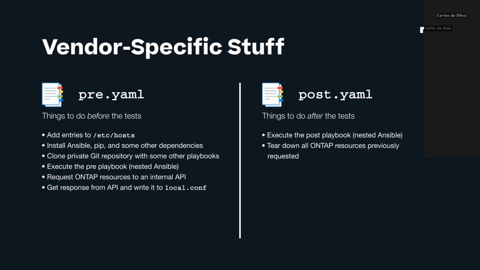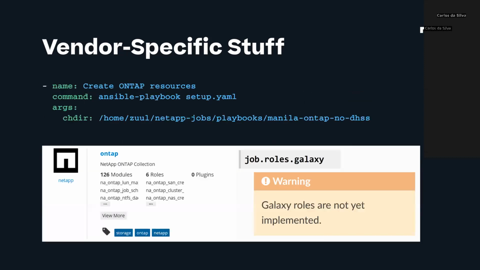We do this in the last step of the pre-playbook. And after everything is done, we tear down everything we did on those ONTAP clusters, so that these changes don't pile up and a lot of leftovers from these jobs are not left in the ONTAP clusters. So they keep being in a useful, operational state.